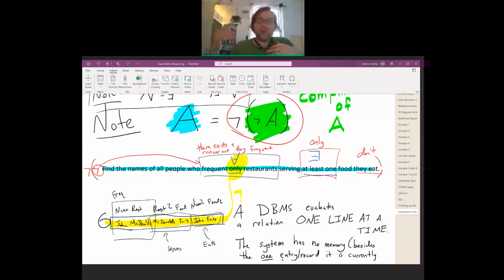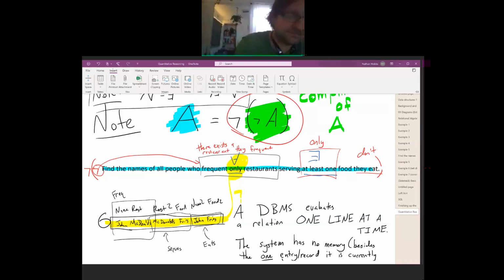So this first negation applied to the sentence would make the query find the names of all people where there exists a restaurant that they frequent that serves only things that they don't eat. The second negation is going to be everybody except those.